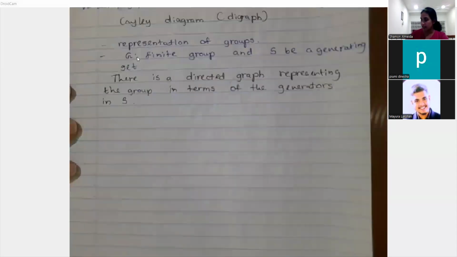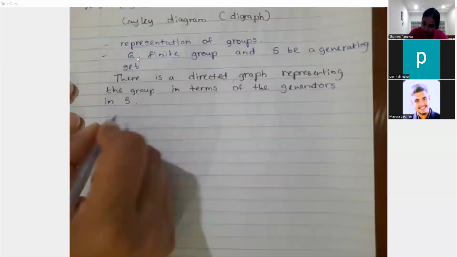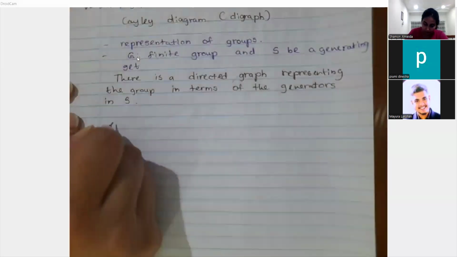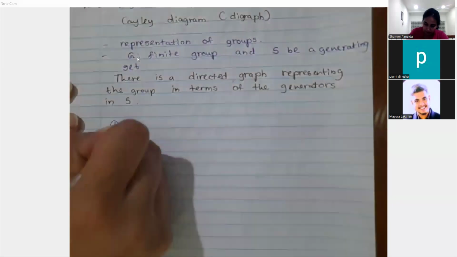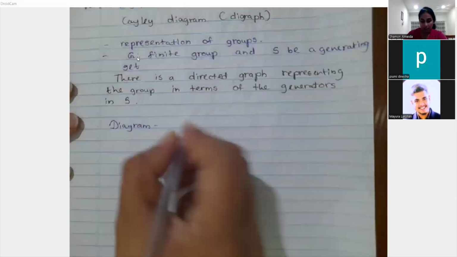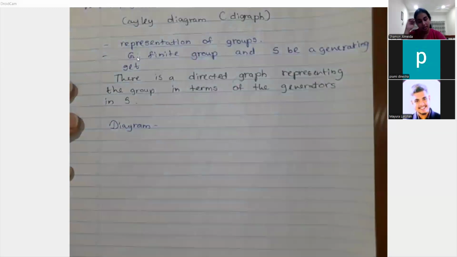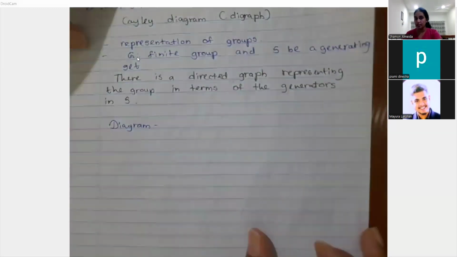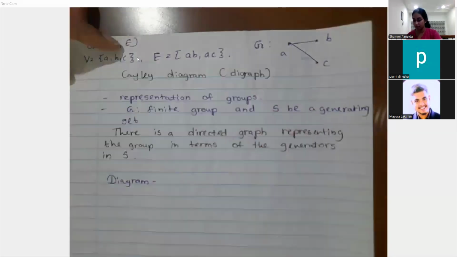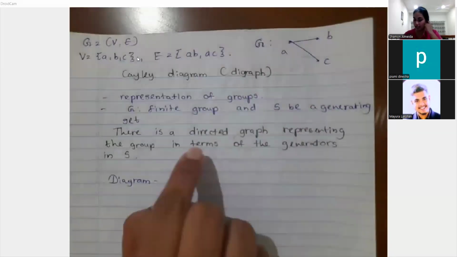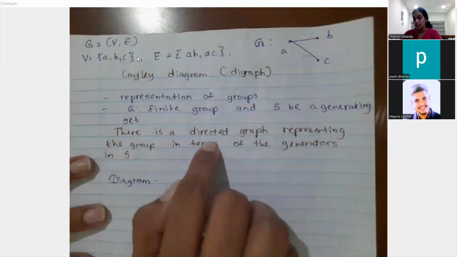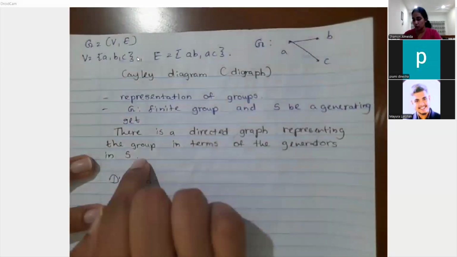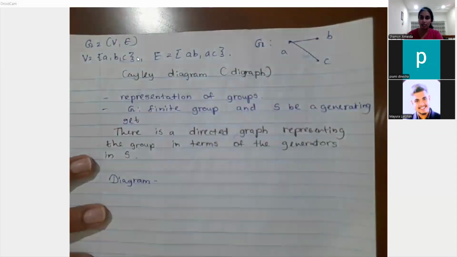How do we build this diagram, or how do we get this representation? First thing is vertices will be elements of G, right? Now, what is a directed graph? If we go back to this example of a graph, what do we mean by a directed graph?